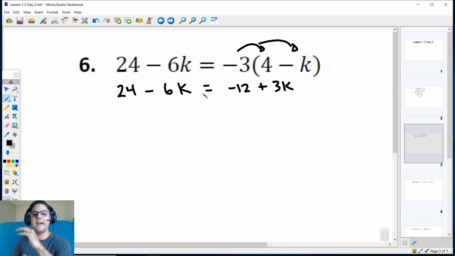Now, this is the scenario that students will choose, quote unquote, the wrong variable to move. But in reality, it could work either way. So for example, I know that a negative is smaller than a positive, so I should technically move the negative 6k. Some students may just say, oh, I'm going to move the 3k by subtracting and bring it over here. You just got to be really careful with your negative signs if you do it that way.